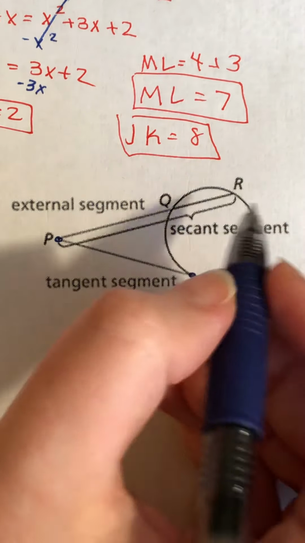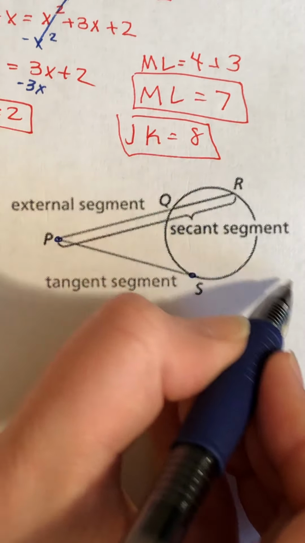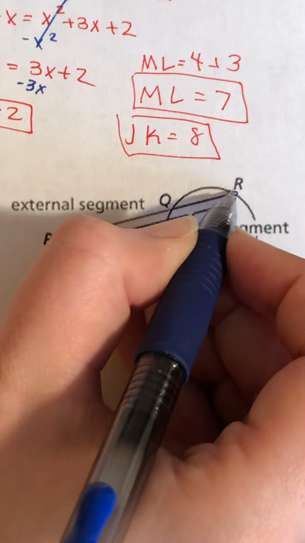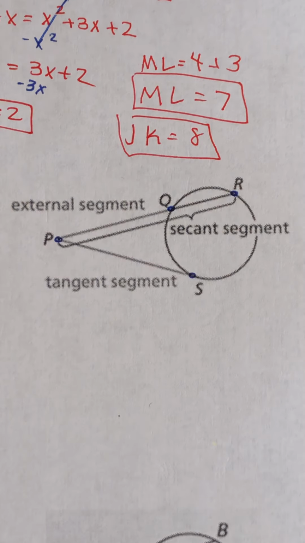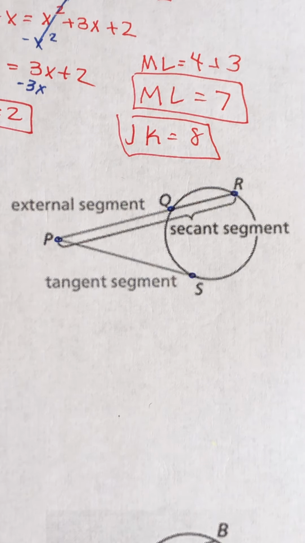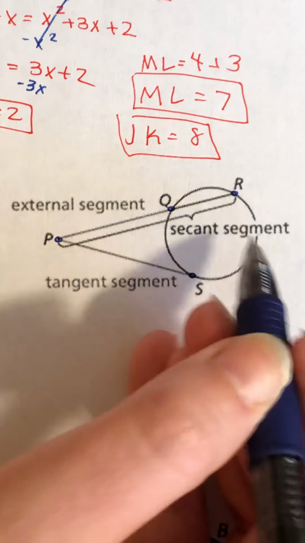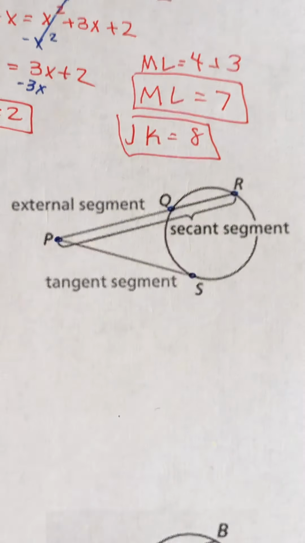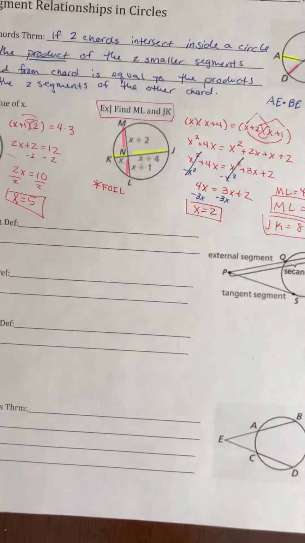A secant segment, remember secants are lines that go through a circle, so the secant segment is kind of cutting out there. And then your external segment is if you had a secant segment and kind of extended it out. So let's put that into words.